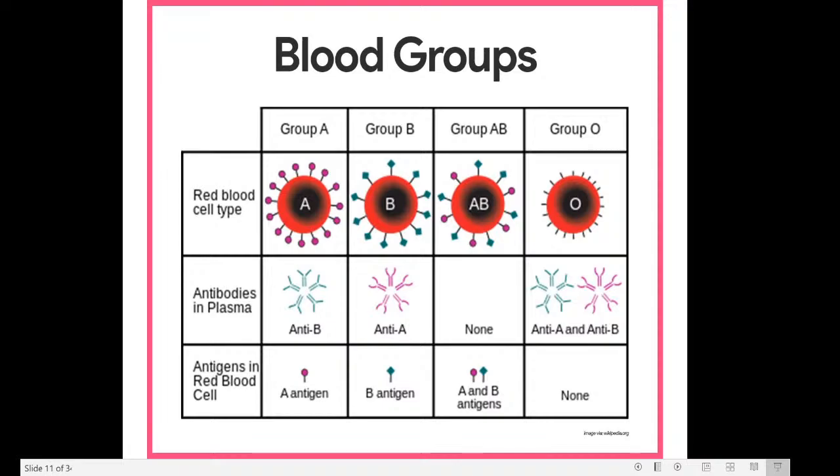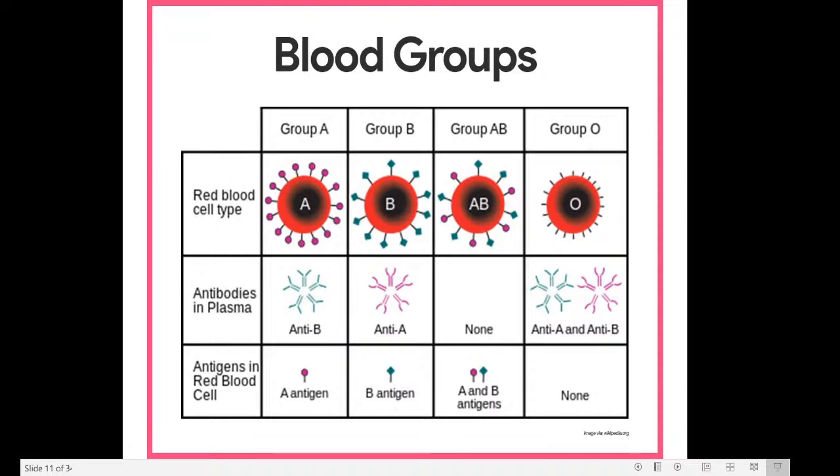Blood group A has the antibody anti-B in the plasma, and the blood cells have the A antigen.